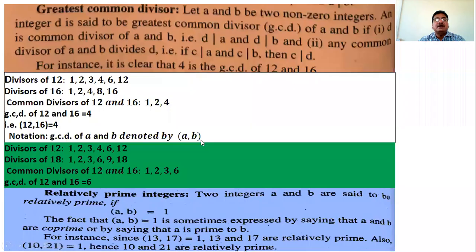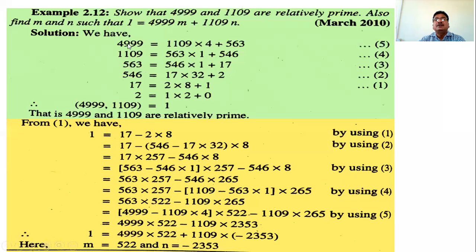Two integers a and b are called relatively prime if the greatest common divisor of the two numbers is 1. So here we have to show these two numbers are relatively prime, which means we have to find their greatest common divisor and show that it is 1.